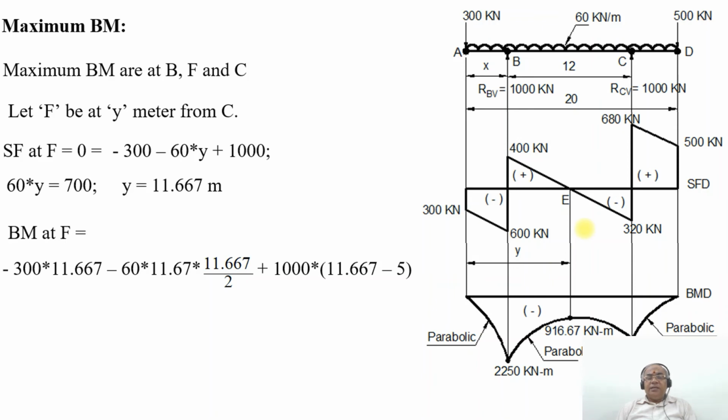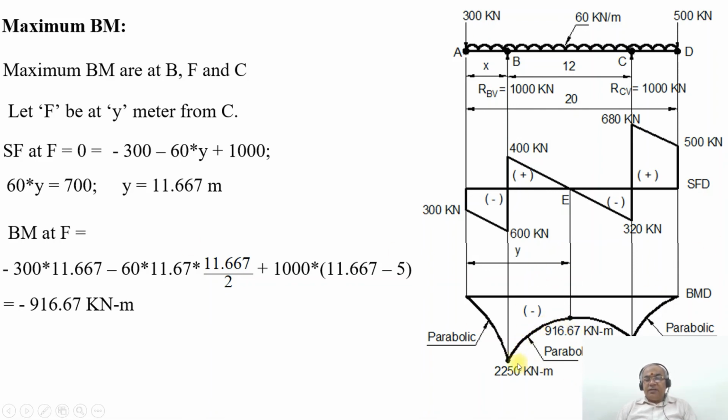On simplification, you will get the bending moment at the point F as minus 916.67 kilonewton meter.